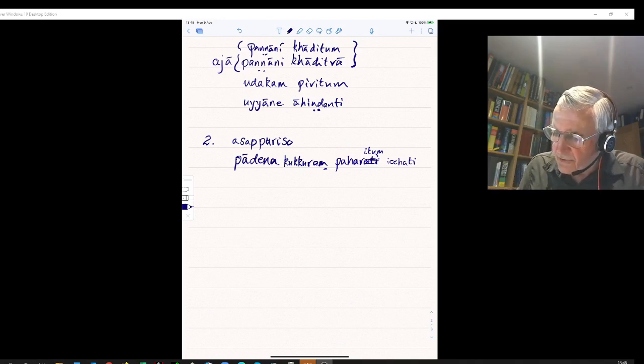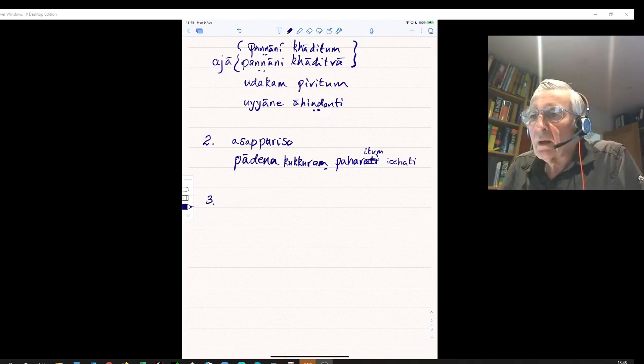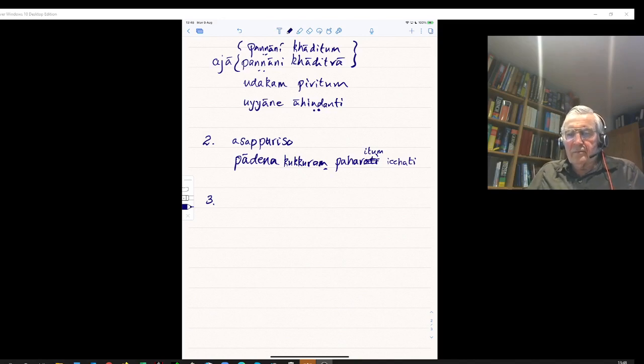Now, number 3. Friends go to the park to play with the dogs. So the friends go. Singular, stem form mitta, nominative form mitto. It's the subject of the sentence, so it's the nominative plural mitta.